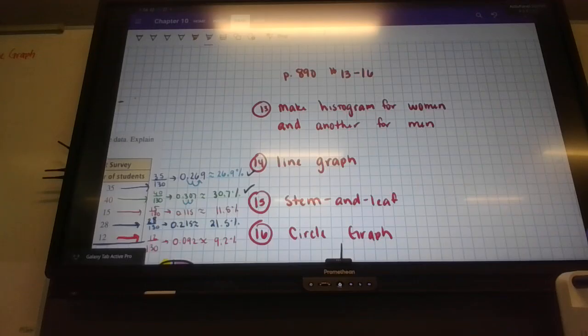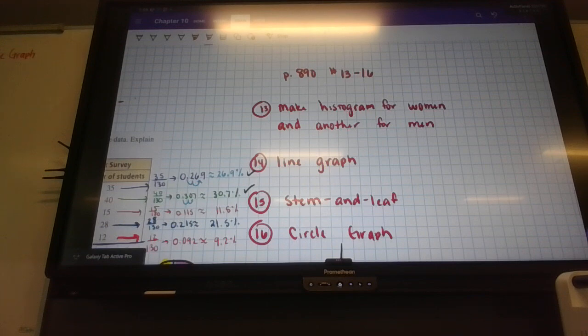Look right here. For 13, you're going to do 2 different histograms, one for men, one for women. 14, you're going to make a line graph. 15, you're doing stem and leaf.